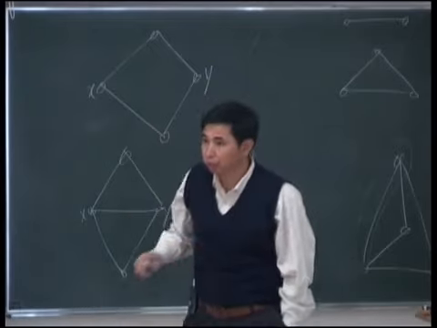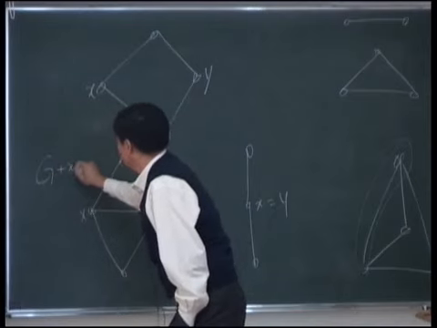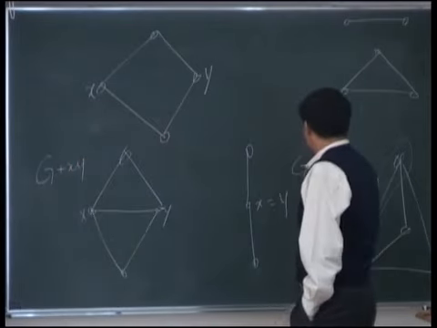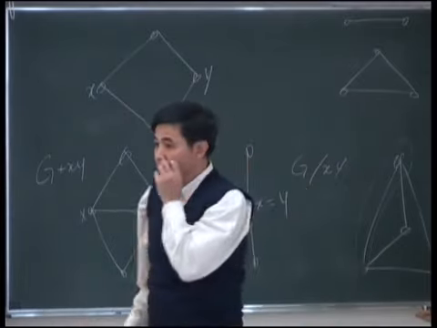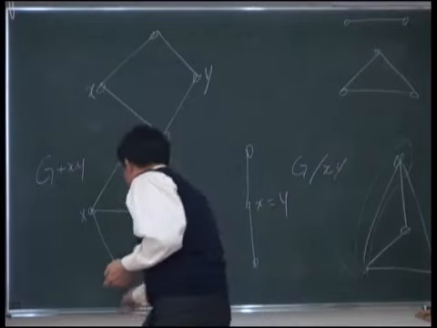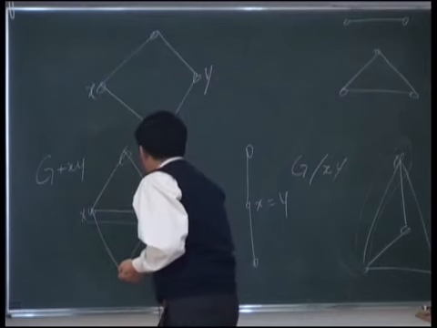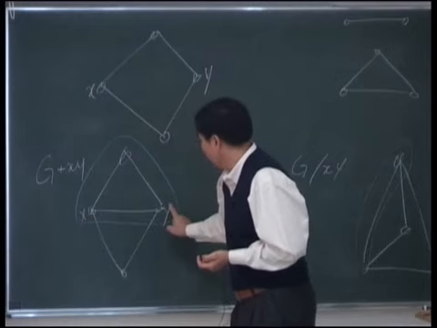So I get two graphs. This one is G plus XY, another one is G contract XY. And this S-bridge, S is the set of vertices X and Y, so there are two S-bridges.